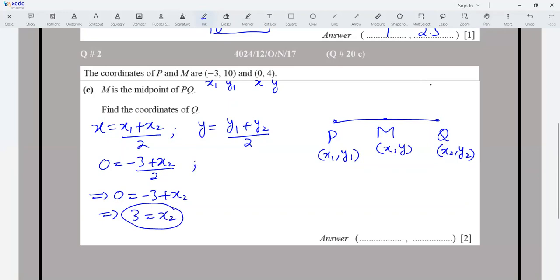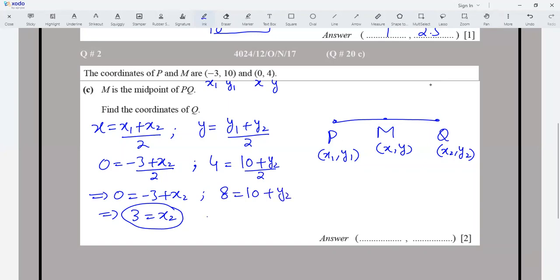Similarly, we do the same thing to find the y coordinate for point Q. Simply replace y with 4, which is the y coordinate of the midpoint. Y1 in this case is given as 10, plus y2 which we have to calculate, divided by 2. Cross multiply: 2 times 4 is 8. 8 equals 10 plus y2.